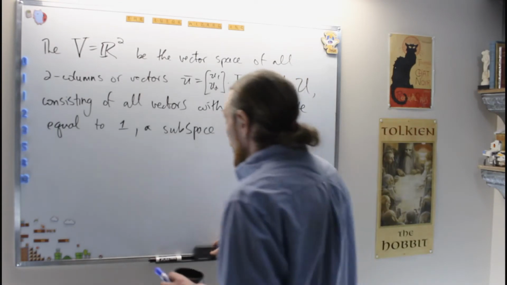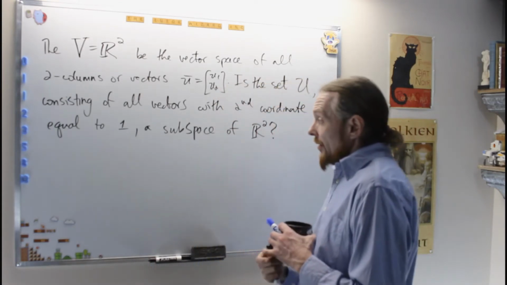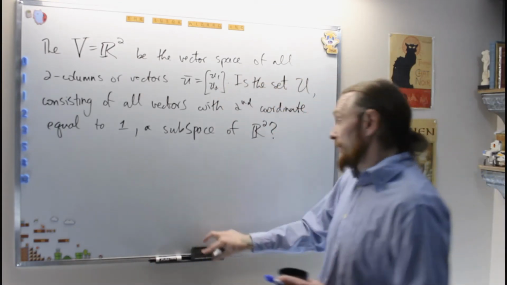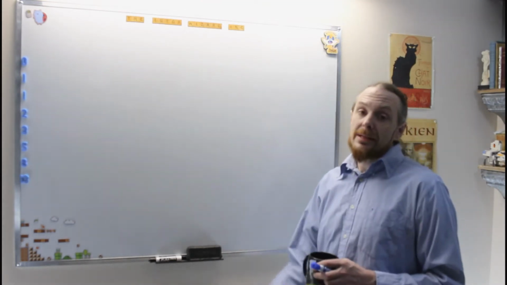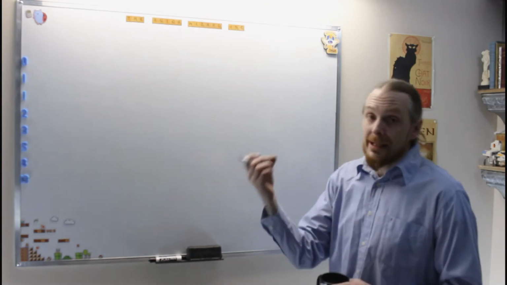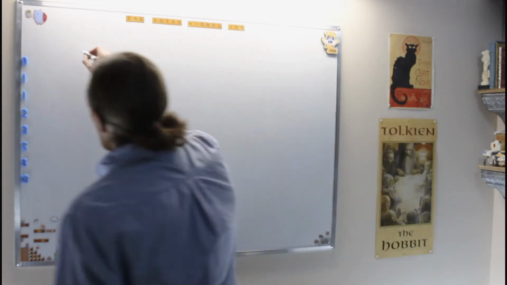So first of all, let's redescribe what U is. It told us U was the subset of R2 consisting of all vectors which have second coordinate equal to 1. So let's describe that.